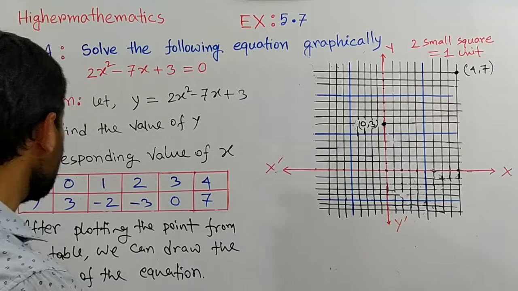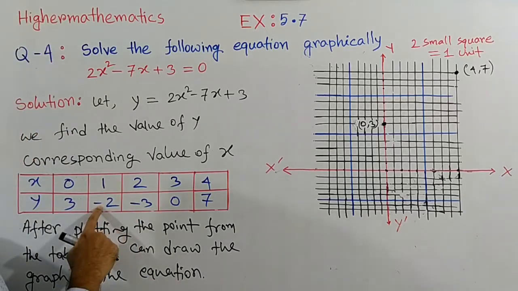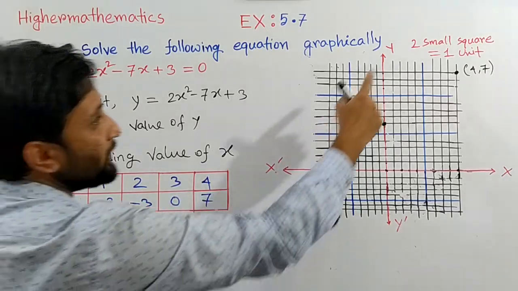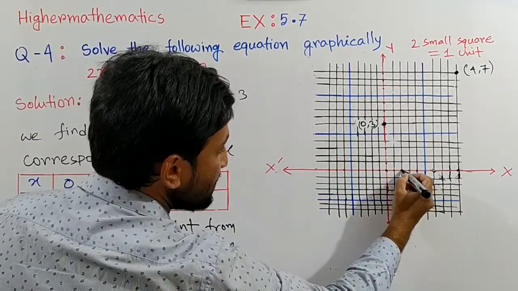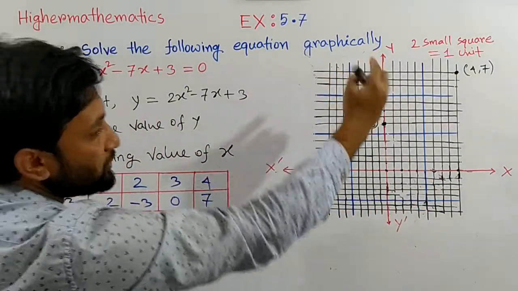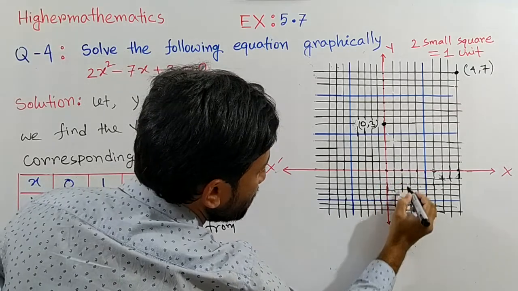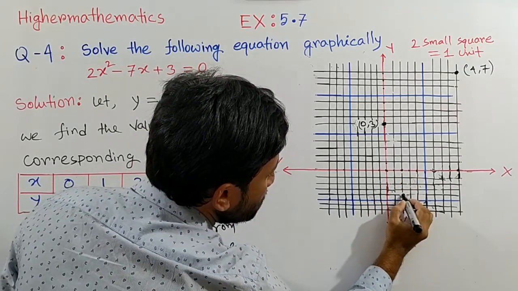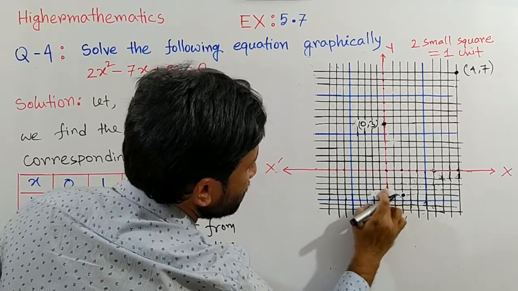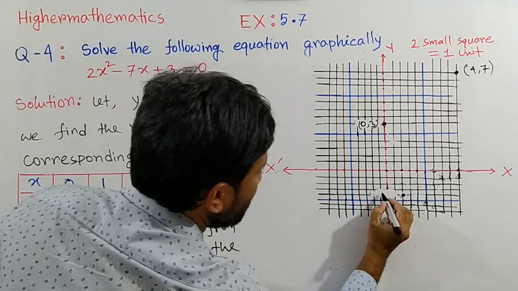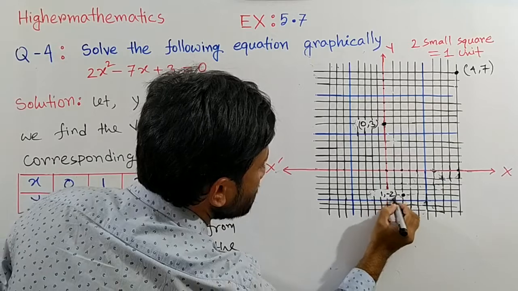Then the second point is (1, −2). 1 multiplied by 2 is 2, so the x-axis value is here, and −2 into 2 is −4. So this is the point (2, −4) on the graph. Mark here the point (1, −2).